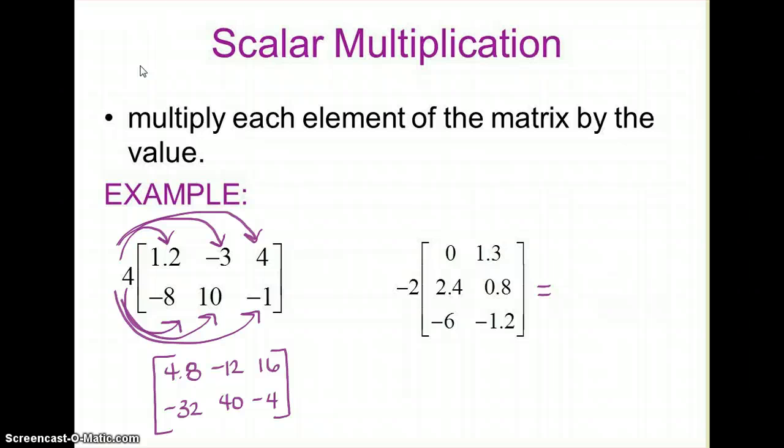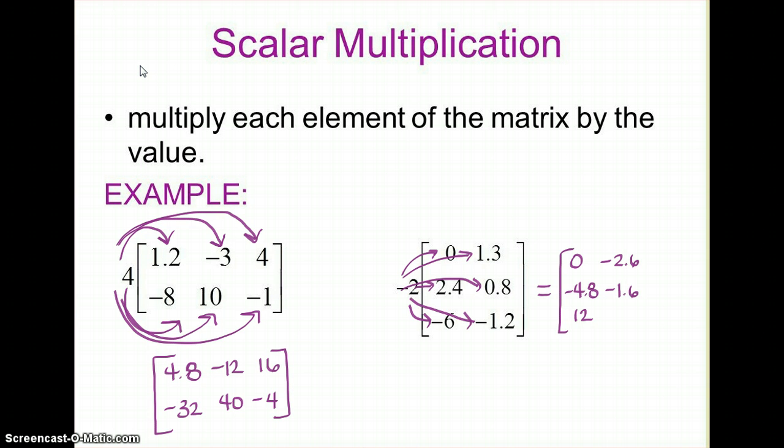So I could do that on this one. -2 times 0 is going to give me 0, and -2 times 2.4 is going to give me -4.8. -2 times -6 is +12, and then -2 times 1.3 is -2.6. -2 times 0.8 is going to be -1.6, and -2 times -1.2 is going to be +2.4. And there is my matrix after the scalar multiplication.